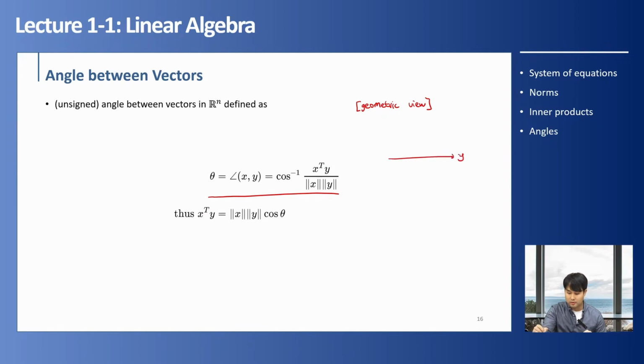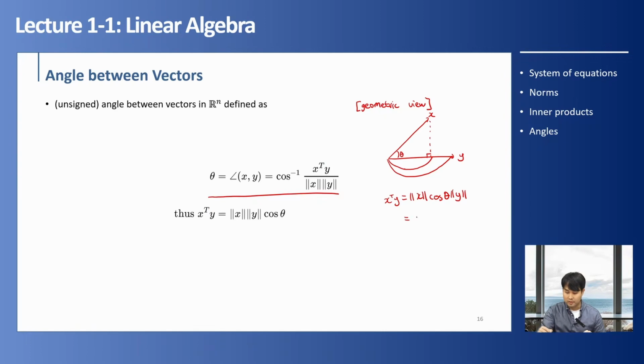Suppose we have two vectors, y and x. If we take the inner product between x and y, we're simply multiplying this length with this length. And if we look at the first component here, you'll notice that it corresponds to the norm of x multiplied with cosine theta, and then multiplied with the norm of y again.